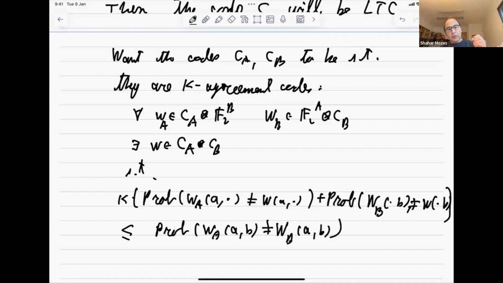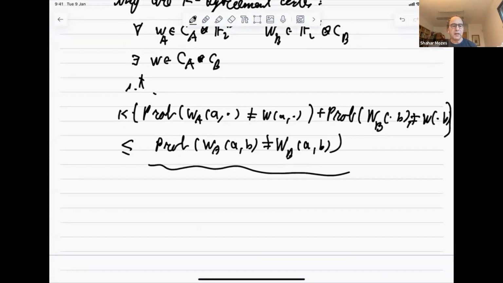Okay, so you're given two matrices. One of them, all its rows belong to the given code. All the columns of the other belong to the code. And you want some other matrix whose both rows and columns belong to the code. So you want to say that if you look at the two matrices that you were given, if they differ at very few places, so that's this second probability here, then both the rows and the columns are very close. Okay, that's the idea. Just some technical, let's ignore it.